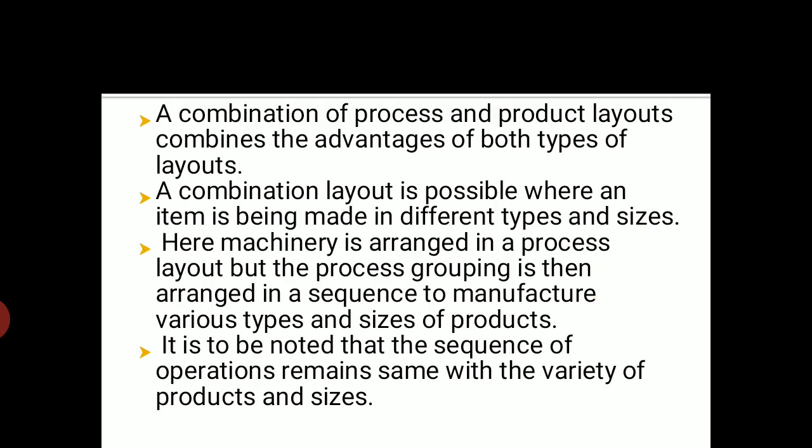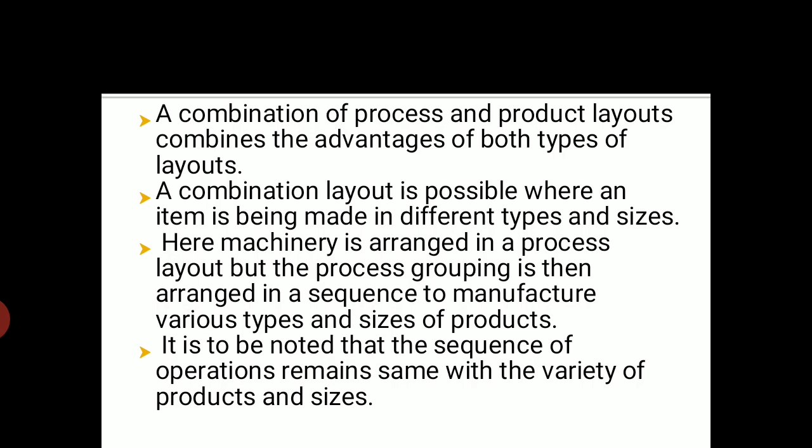A combination of process and product layout combines the advantages of both types of layout. As I told you, a combination layout is possible where an item is being made in different types and sizes. When you want the combined layout, you may be producing different types of goods in different sizes.